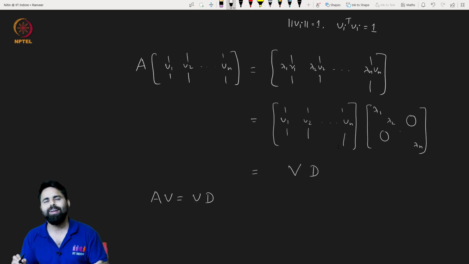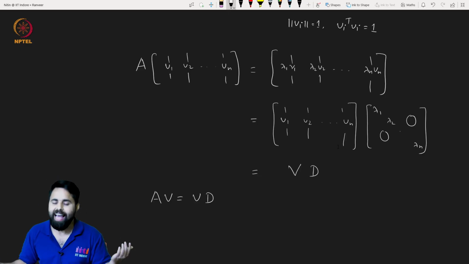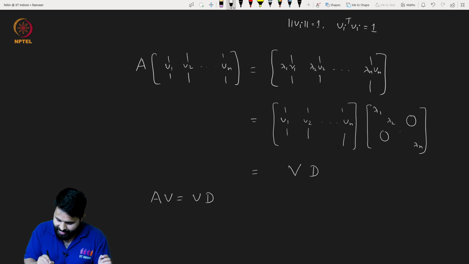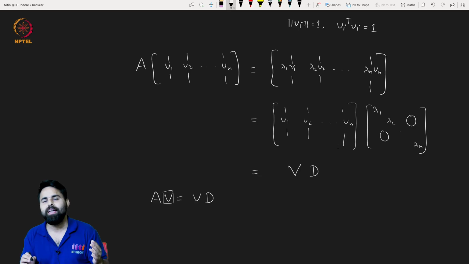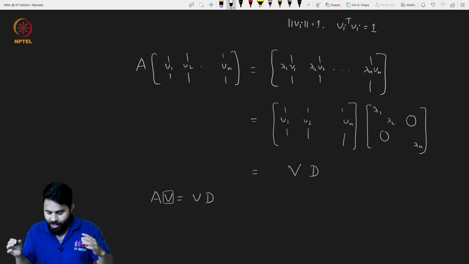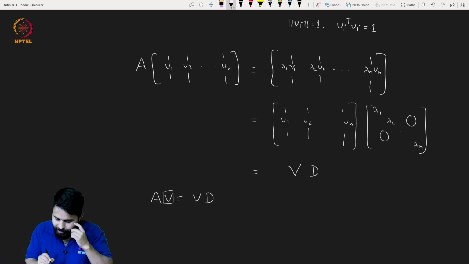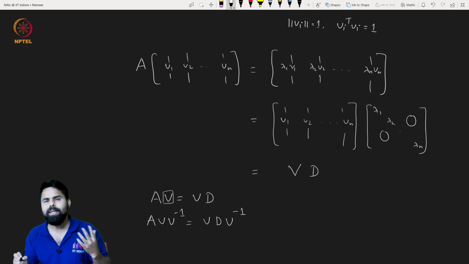Now what can I do next? I can take the inverse of this matrix and multiply it on both sides. So this will give you AV V inverse equal to VD V inverse. Now you will immediately realize why I am doing something foolish here. Yes, indeed, maybe V inverse does not exist.